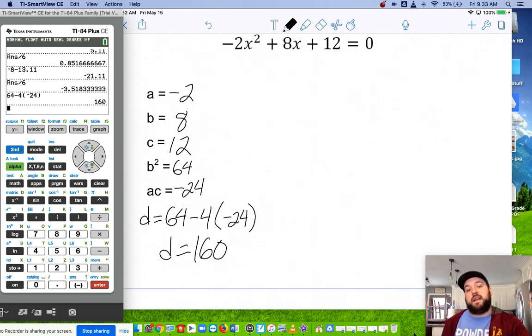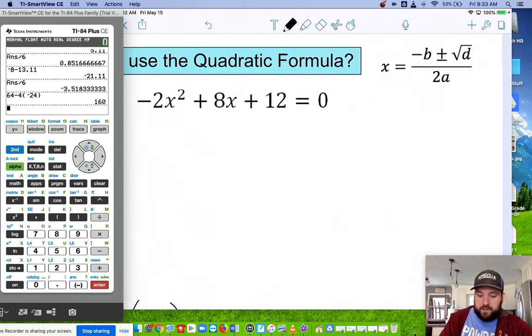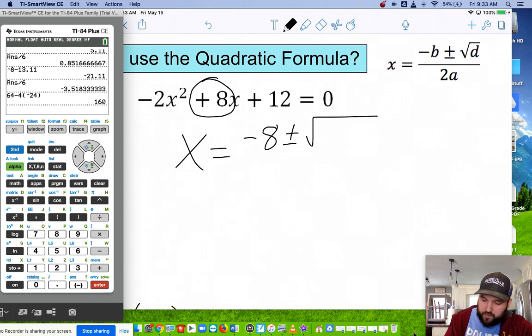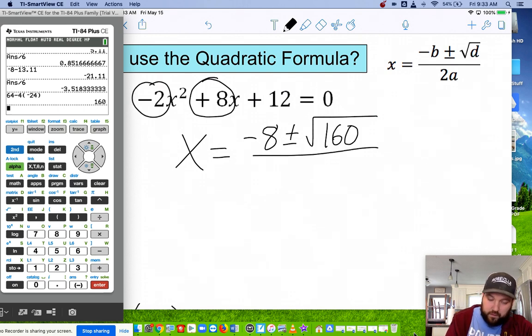I'm going to plug 160 underneath the square root in the quadratic formula. So x equals the opposite of b, which is negative 8, plus or minus the square root of 160 divided by 2a. Well, a is negative 2, so if I double that, that's negative 4.